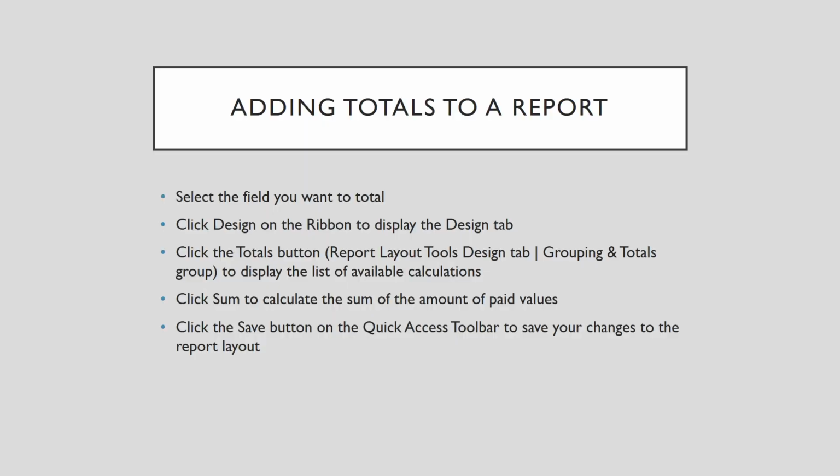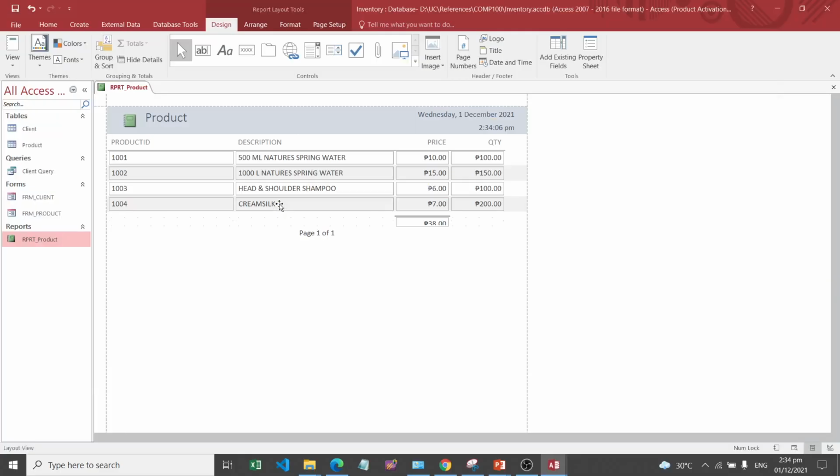We can also add totals to a report. First, select the field that you want to total. Then click Design on the ribbon to display the Design tab, and select the function, for example, the sum.